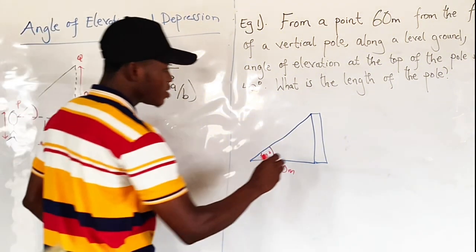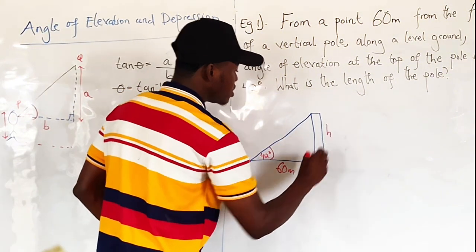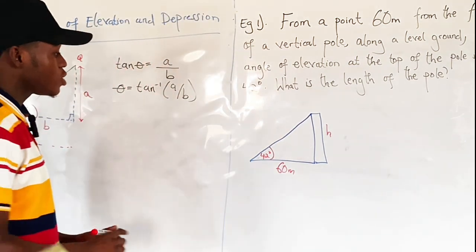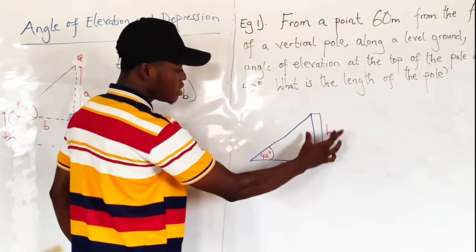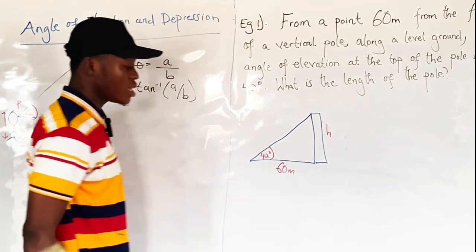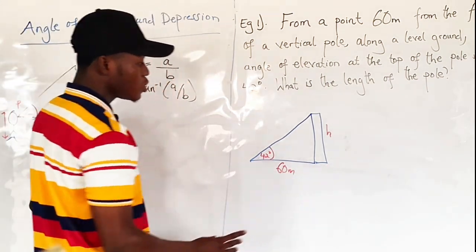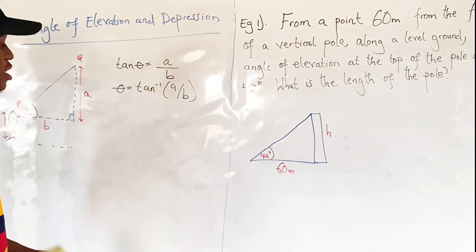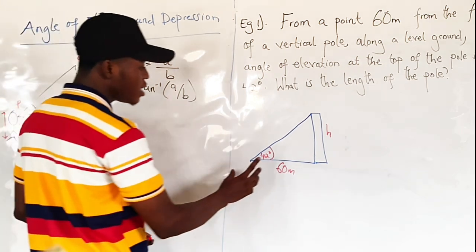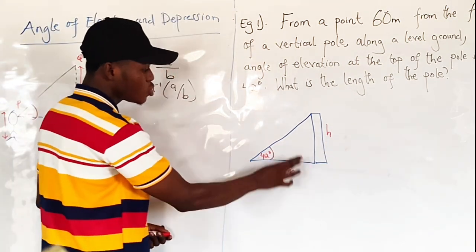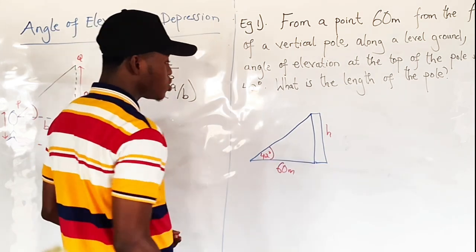Let the length of the pole be h. So here we are supposed to find this side, the dimension of the pole, the length of the pole. Now here forms a right angle triangle. And we've learned in the previous video how to relate the trigonometric ratios to the size of a right angle triangle.